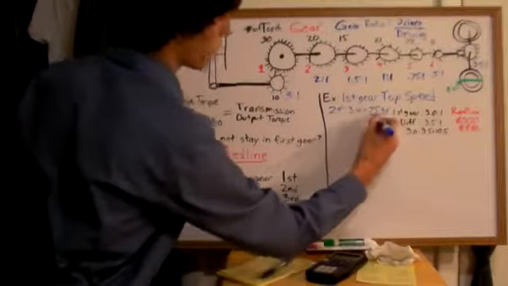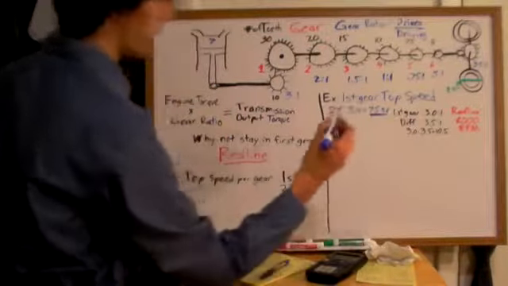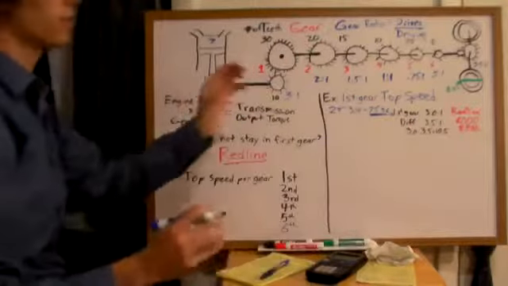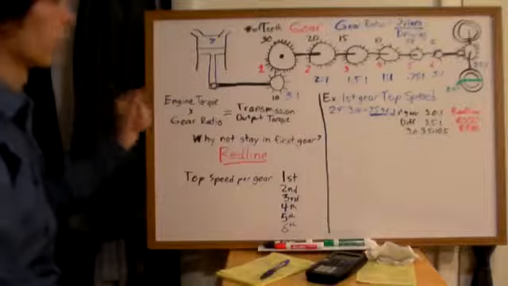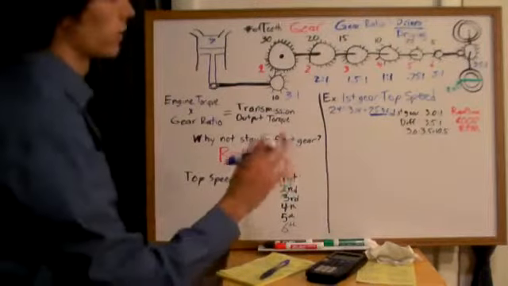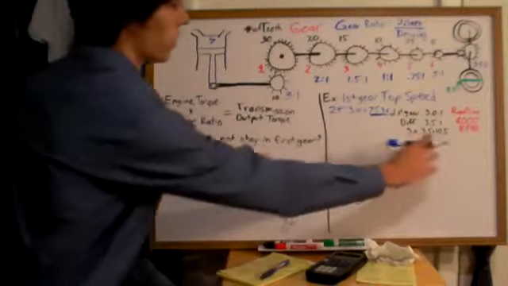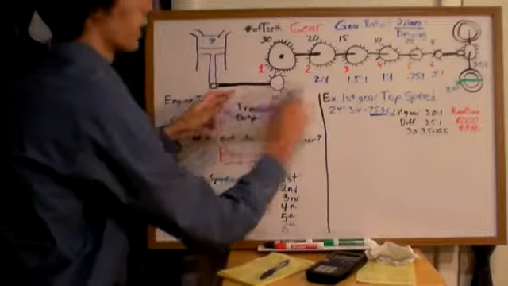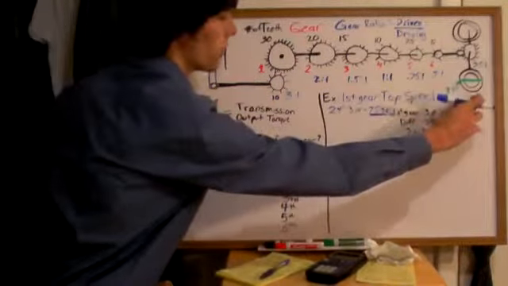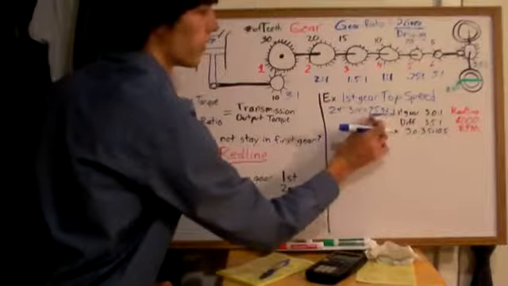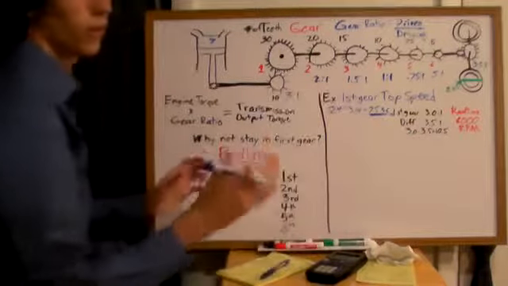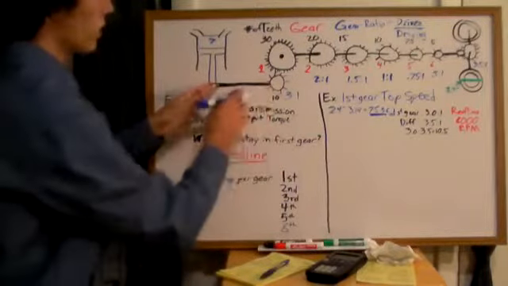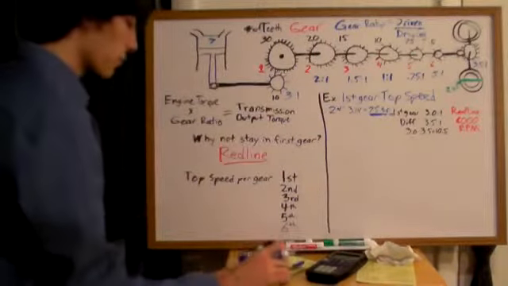Now this distance right here is in inches, and that's going to be the distance you travel with 10.5 revolutions of your crankshaft. So every 10.5 revolutions of your crankshaft, you've got 1 revolution of the tire. The tire circumference is 75 inches. So that's how far you go with 10.5 revolutions of your crankshaft.